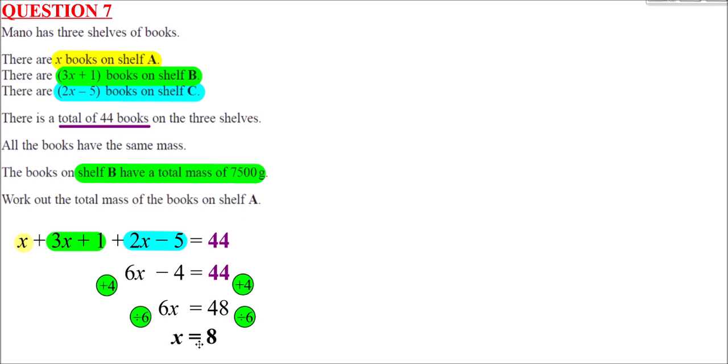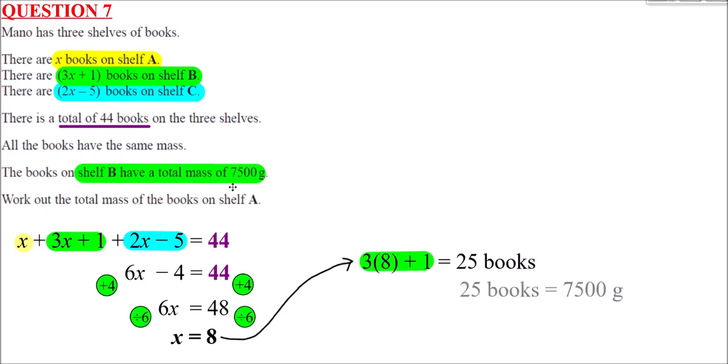But since we know what x is, we can now substitute x is 8 to work out how many books there are on shelf B. So for shelf B, there's 3 lots of x, which means 3 lots of 8, plus 1, which means there's 25 books on shelf B. And we know, of course, that those books have a total mass of 7,500 grams. In other words, 25 books weigh 7,500 grams.